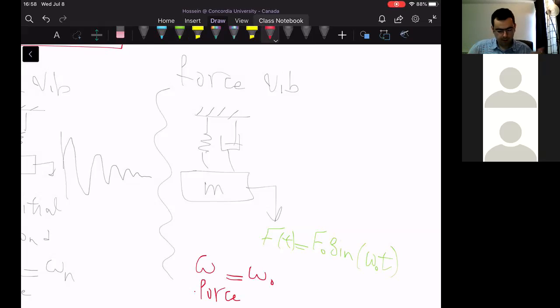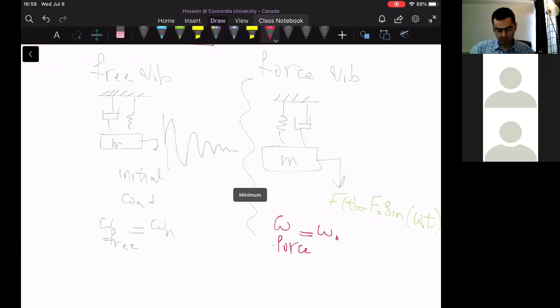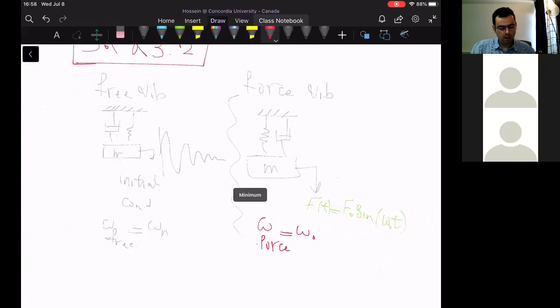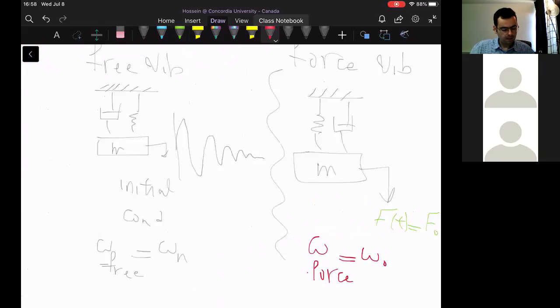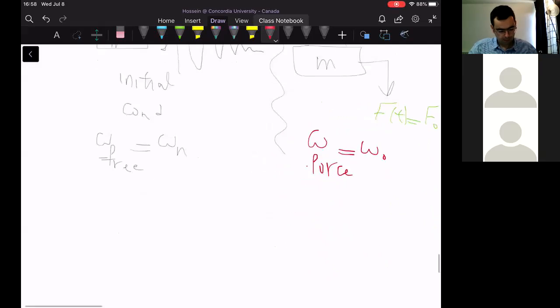So if omega naught is 10, the frequency that the system will vibrate is 10. If omega naught is 100, the frequency is omega naught. However, for free vibration, the frequency that the system vibrates is always the natural frequency. This is very important. This is a summary of chapter 2 and chapter 3 in one shot.